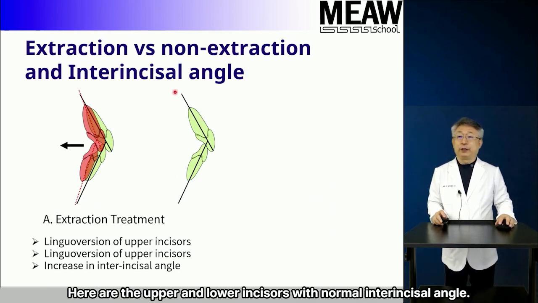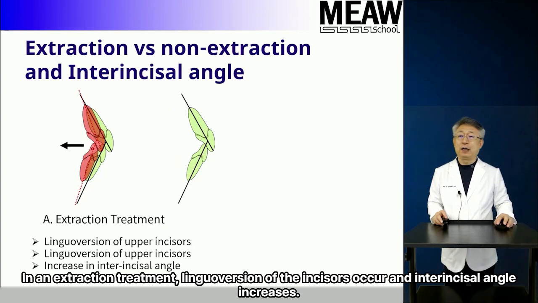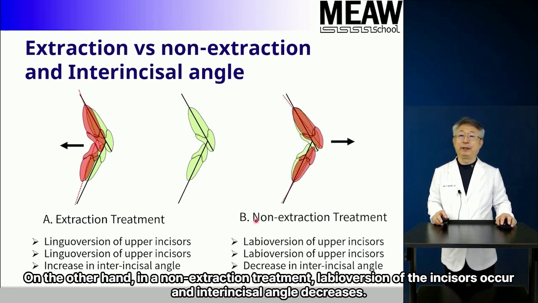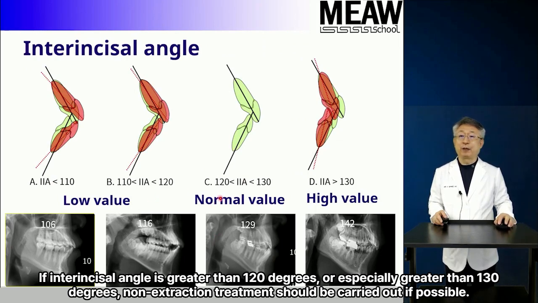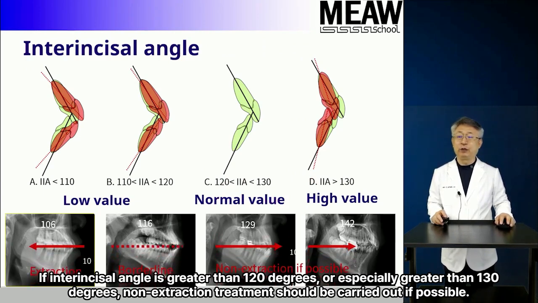Here are the upper and lower incisors with normal interincisal angle. In an extraction treatment, linguversion of the incisors occurs and interincisal angle increases. On the other hand, in a non-extraction treatment, labioversion of the incisors occurs and interincisal angle decreases. If interincisal angle is greater than 120 degrees, or especially greater than 130 degrees, non-extraction treatment should be carried out if possible.